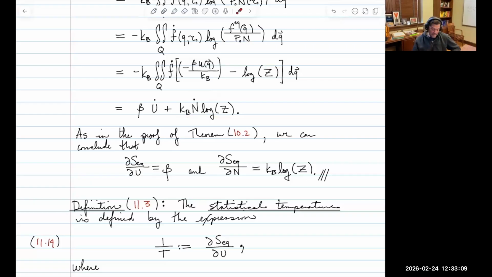Well, since I'm really taking the tau derivative of my entropy at equilibrium, this means that I've actually found the derivatives of the equilibrium entropy function. The u derivative is whatever multiplies u dot, and that's beta, and the n derivative is whatever multiplies n dot, that's k Boltzmann log z.